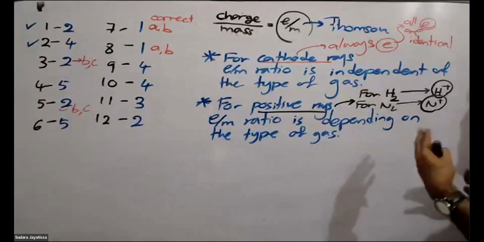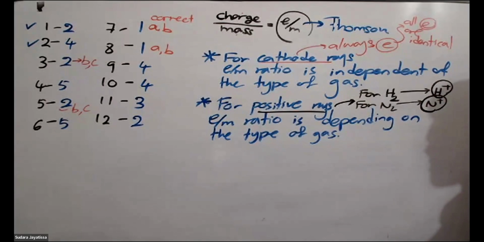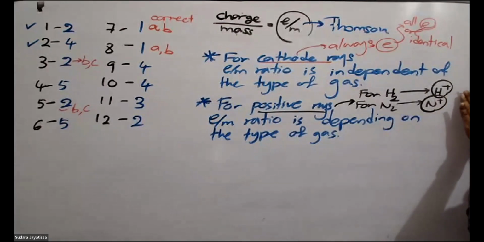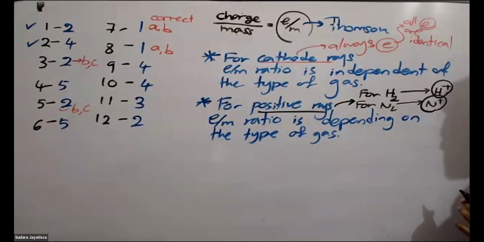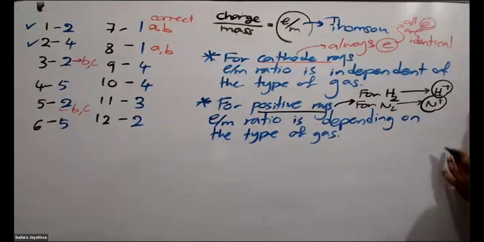Therefore, the ratio of their charge and mass also depends on the type of gas we have chosen. For hydrogen and nitrogen, the particle masses are different, and their charges may also be different. You get what I'm telling, right? So the charge to mass ratio will obviously be different for different types of positive rays.